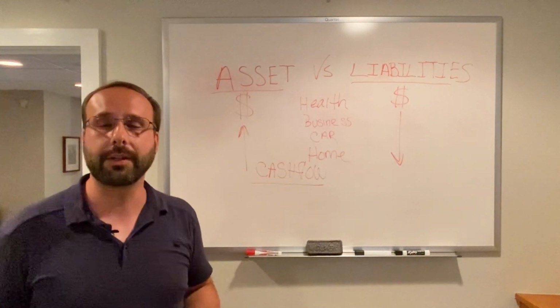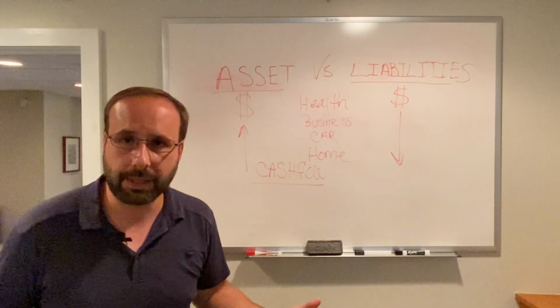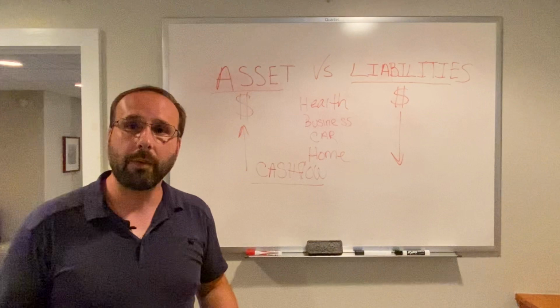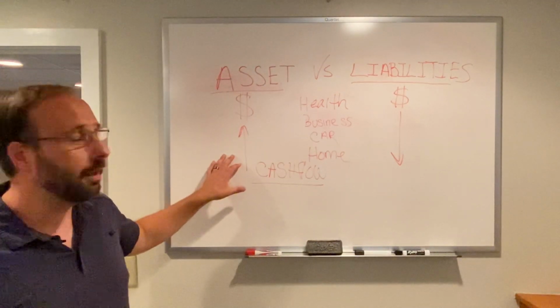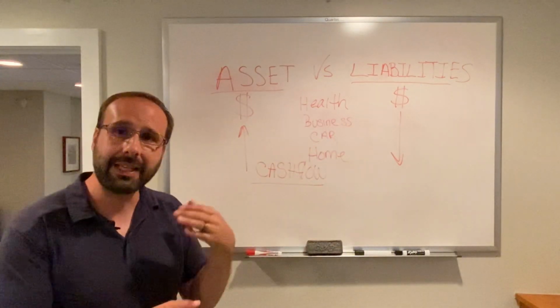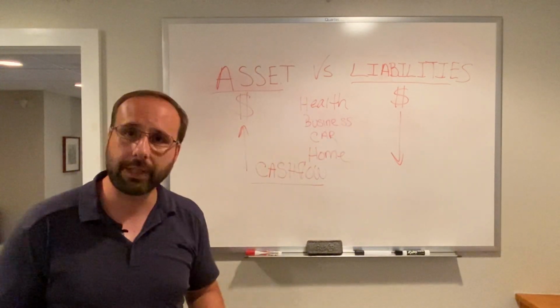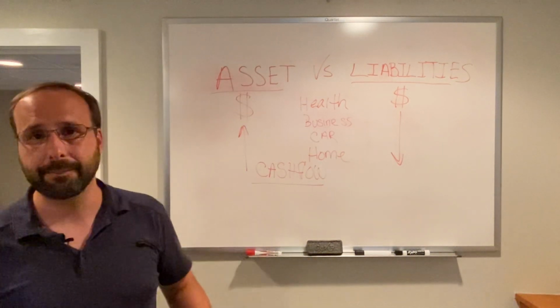I can only work 8 hours in a day. I am only going to make $300,000 per year. That's my income. And once that income is gone and depleted, it's gone. But if you continue to buy your liabilities with your assets that are continually producing cash flow for you, that's a little bit different. That's where the magic starts to happen.